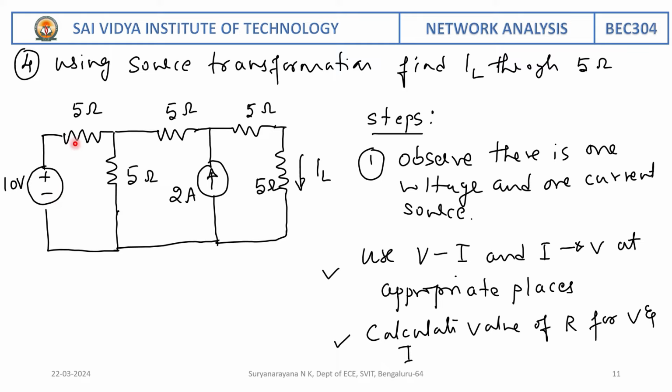Convert the current source again into a voltage source. Add the two resistances which are in series, convert that into a current source, and then find the effective current that is flowing through this 5 ohm resistance. So this problem is given as an assignment.